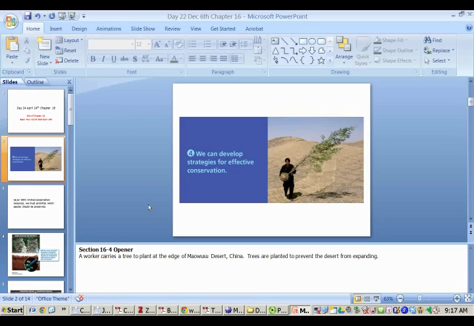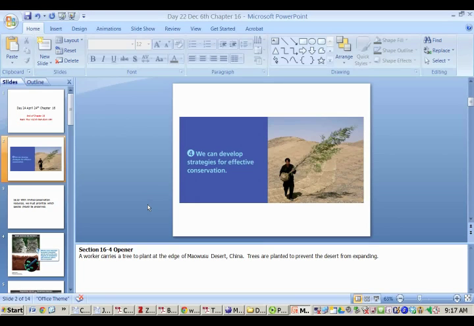And so in finishing up Chapter 16, we've been talking about conservation and biodiversity and ecosystems and habitat management. What we can basically do as biologists and people who care about the environment is develop strategies for effective conservation.